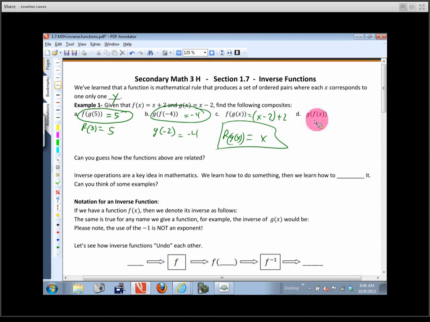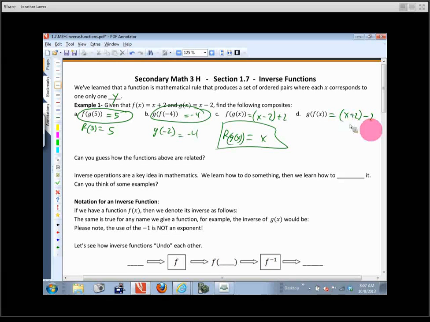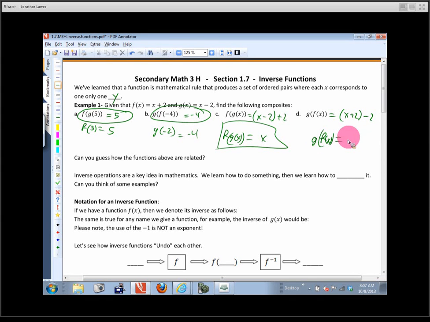Okay, let's do it in the opposite order. Let's take f and plug it into g. So g is something minus 2. And that something that I'm plugging in is x plus 2. So if I simplify this, I get g of f of x is just x. So how are those functions above related?